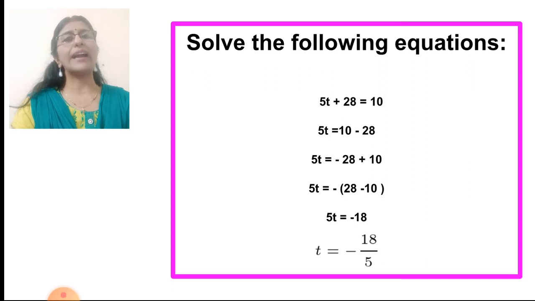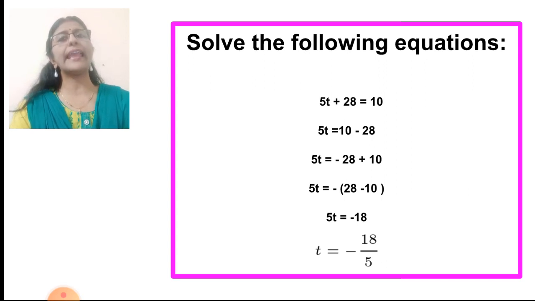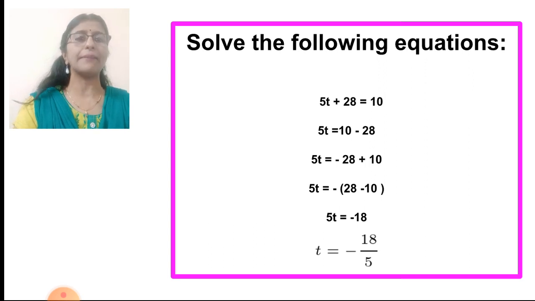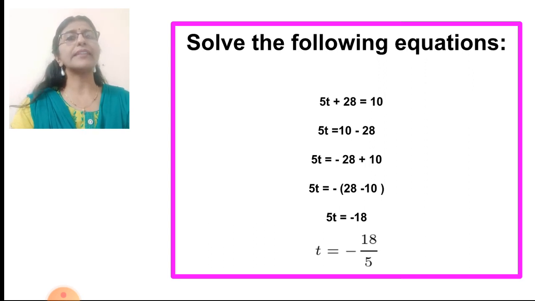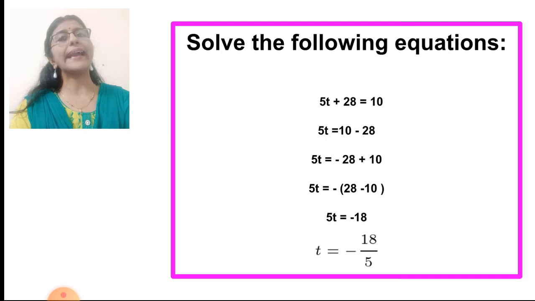Only you will get 1t, or you can write t, which is equal to, and minus 18 also will be divided by 5, because you have learned whenever you are doing any mathematical operation with any number on LHS, you have to do the same operation with the same number on the right hand side also. So as we are dividing 5t by 5, we have to divide minus 18 also by 5. So the value of t will be equal to minus 18 upon 5.